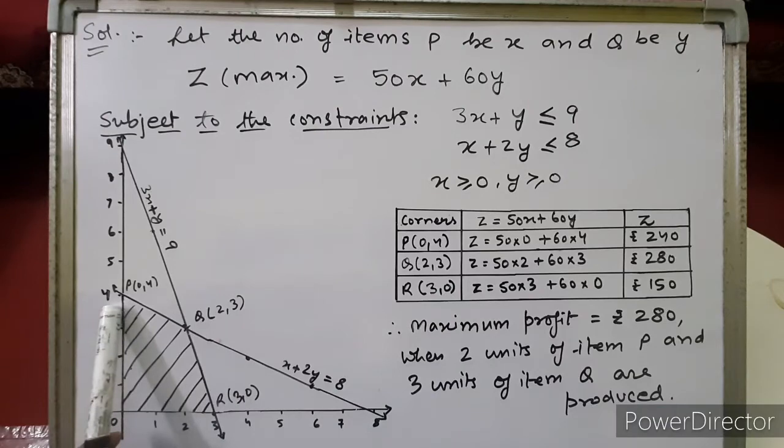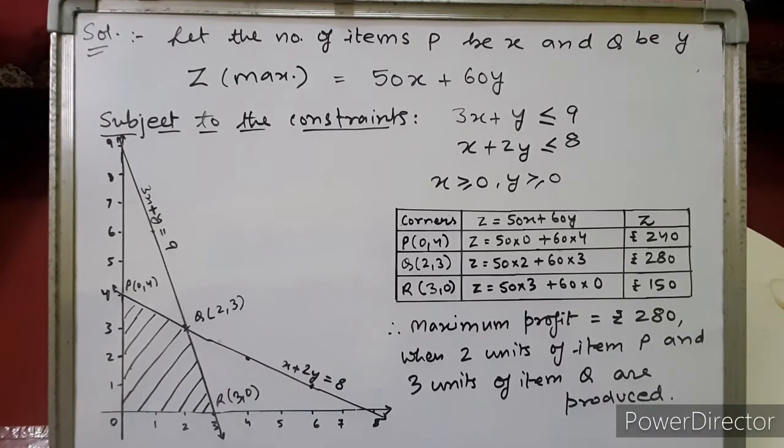The line meets the y-axis at 0,4 and the x-axis at 3,0, and because it is less than, the portion on the left-hand side will be included. This is somewhat horizontal, and it's less than 8, so the portion below this line will be included. The portion which satisfies both inequalities will be this area, okay? So this will be the feasible region or the solution of the inequality, right?